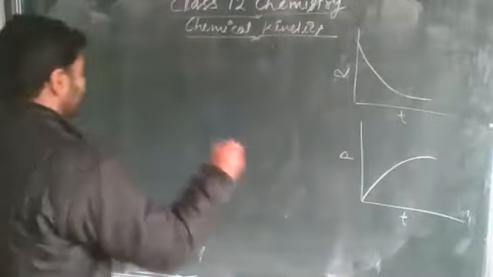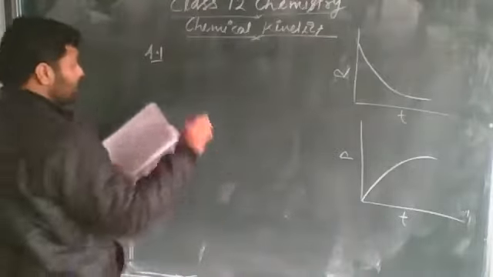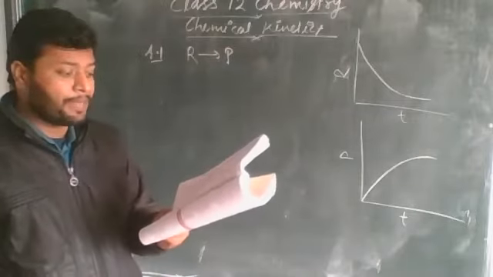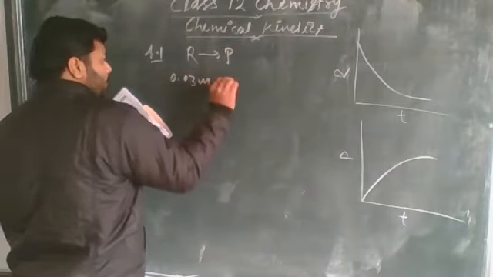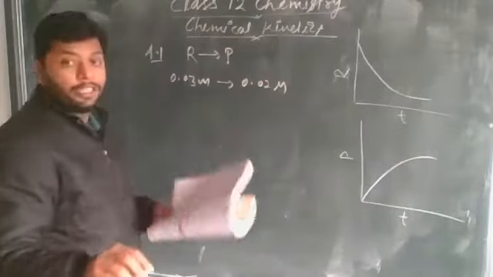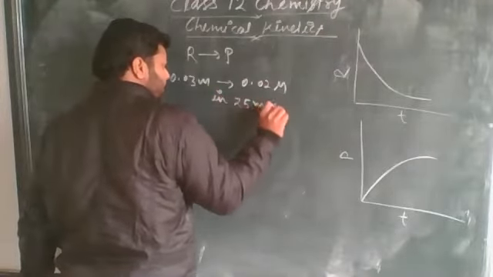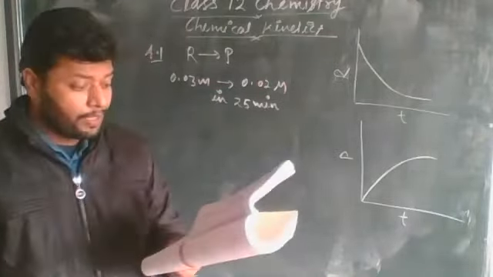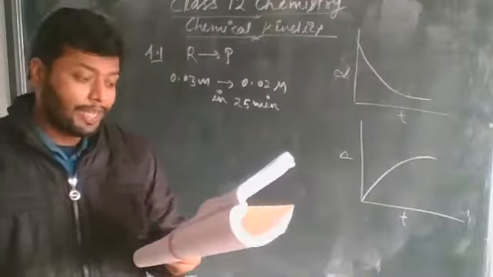For the reaction R gives P, in 4.1, the concentration of reactant changes from 0.03 to 0.02 in 25 minutes, where this is the molarity, mole per liter. Calculate the average rate of reaction using units of time, both in minutes and seconds.